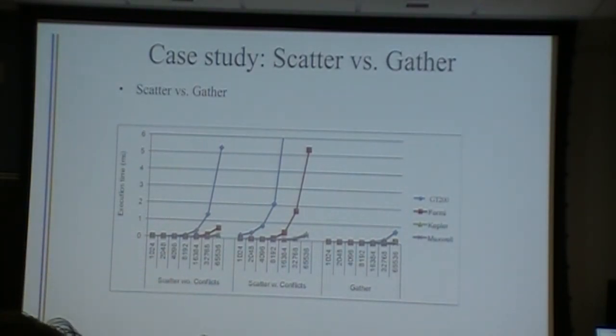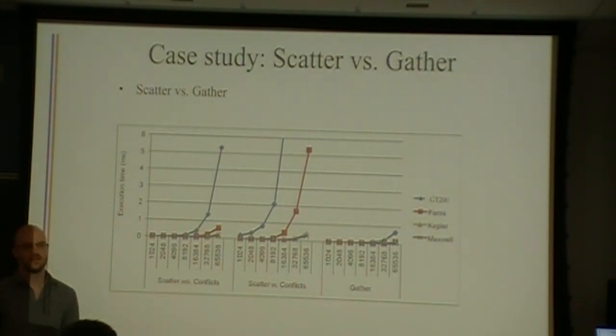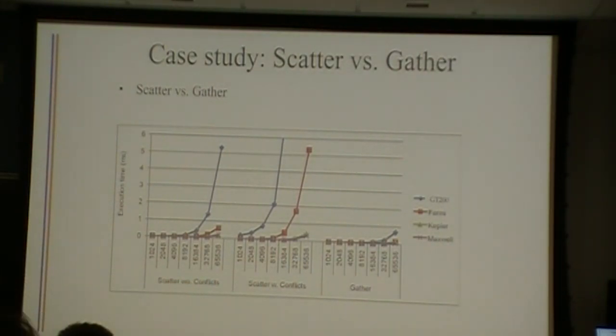So it's not the same code. This is a constructed example just to create these plots. There's some tricks with the indexing to control whether there are conflicts or not, and how many conflicts there are. Good question. Just a toy example.